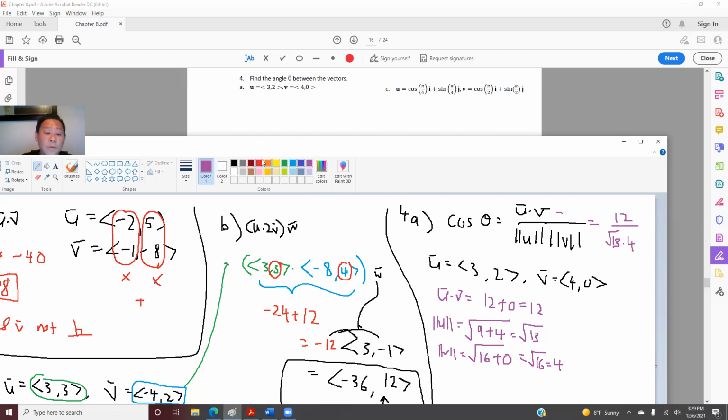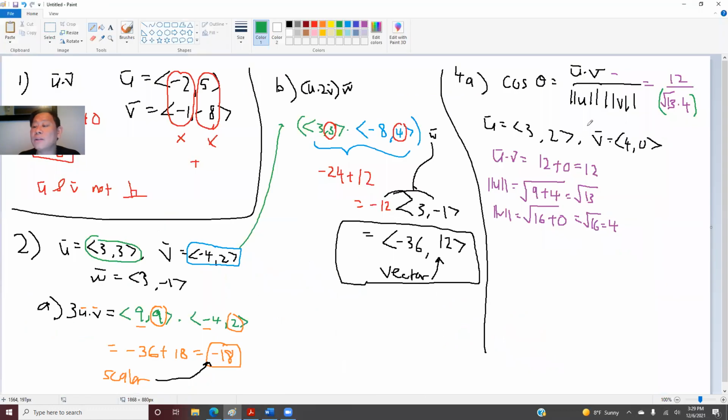So what you do here is find out what is 12 divided by root 13 times 4. Again, because this one has 2 terms, you need to put parentheses on it for your calculators. And then once you finish it, you move the cosine over to become arc cosine. So now this is your theta value.